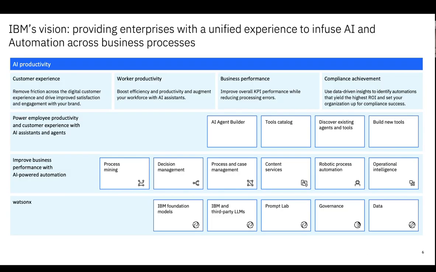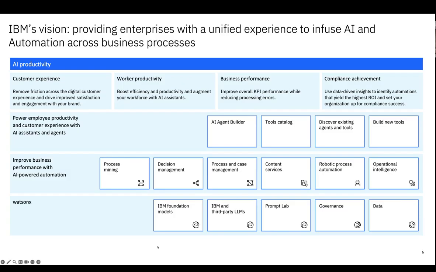Right? One level down, what we want to do is to provide an experience with AI assistants and agents, where we provide the tools to build agents, a catalog of different tools you can connect to, the ability to discover different agents and tools, and finally, you can also build new tools that are specific to your own domain too.